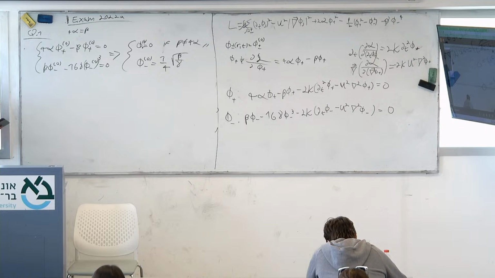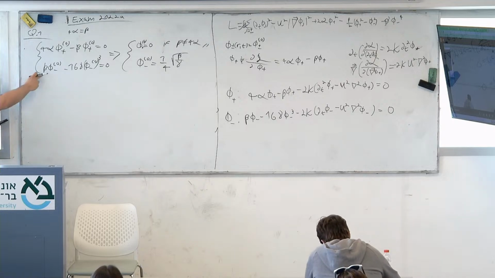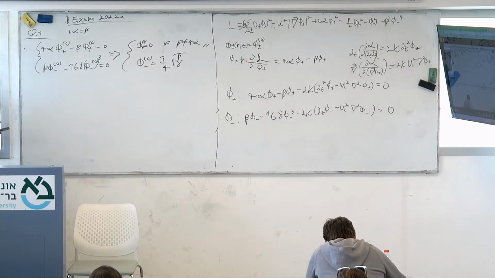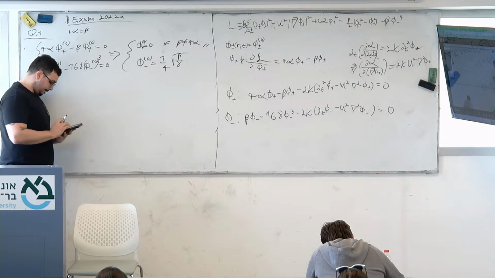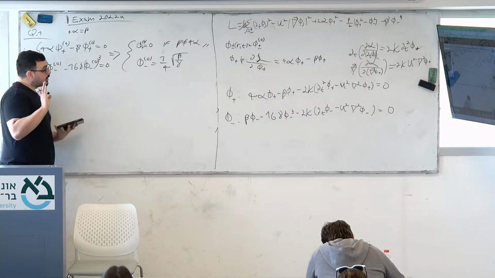We're specifically looking for non-trivial solutions, so I'm ignoring the solution of phi minus equals 0 and phi plus equals 0. That was part 1.